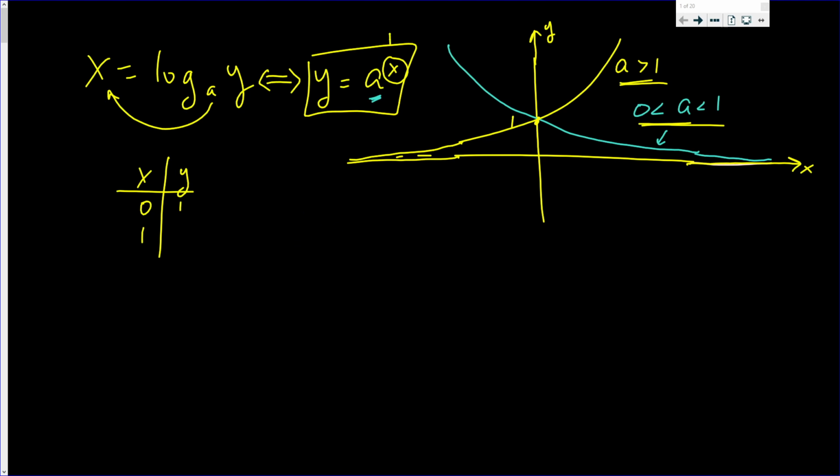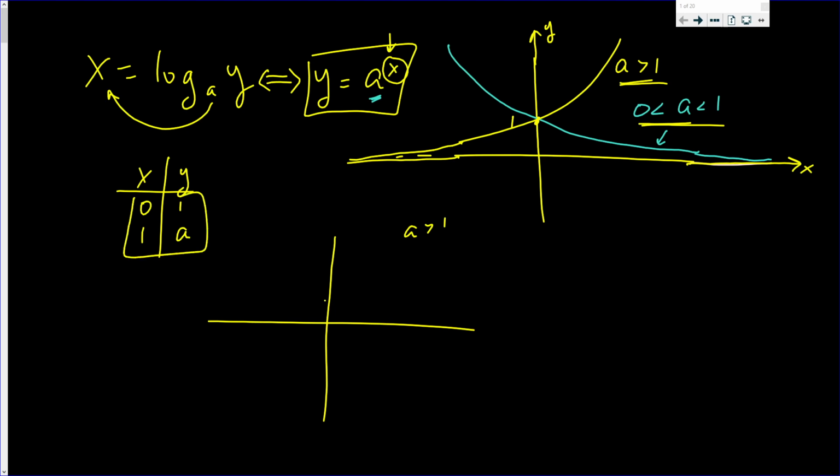And if the power is 1, a to the 1 is a. Well, suppose that a is bigger than 1. So let's plot these 2 points. (0, 1) is right here. And when x is 1, a is larger than 1. It's up here.